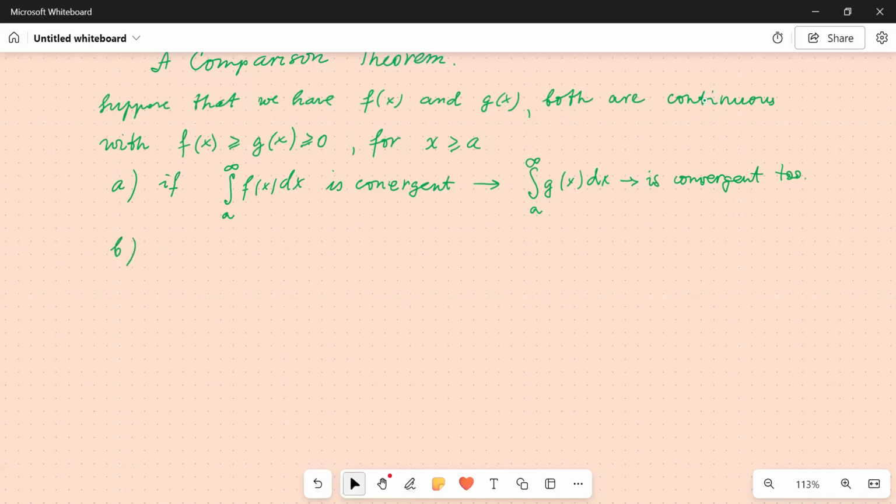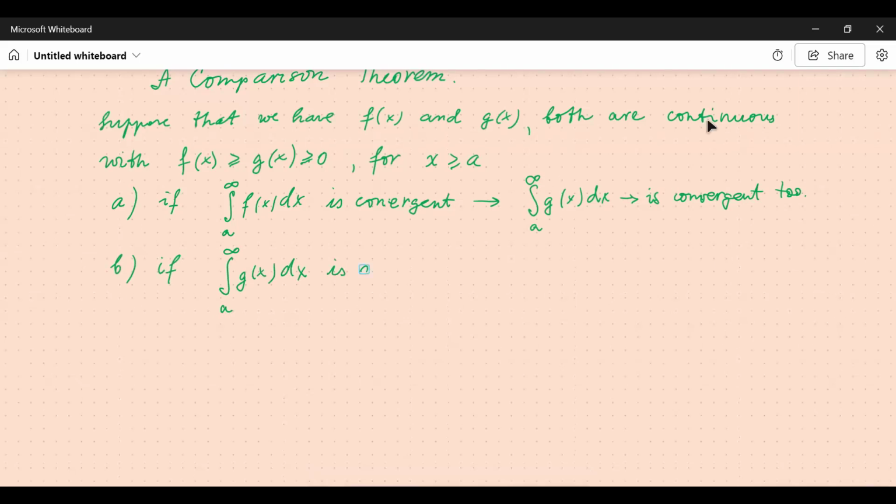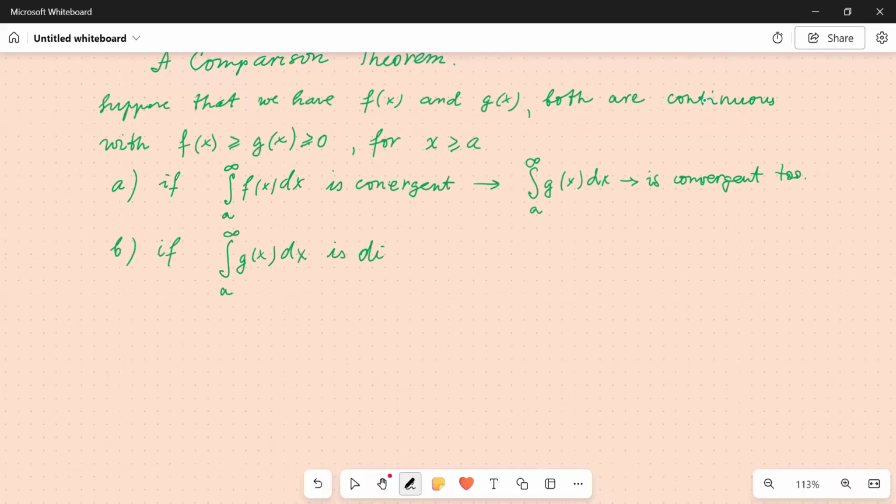Part B: if the integral from a to infinity of g of x is divergent, then the integral from a to infinity of f of x dx is divergent too.